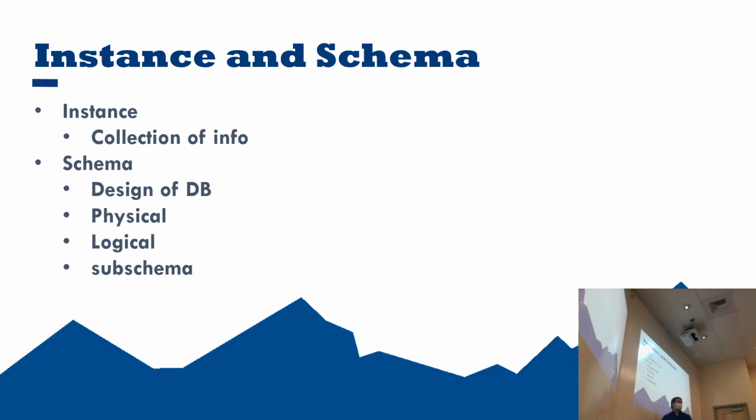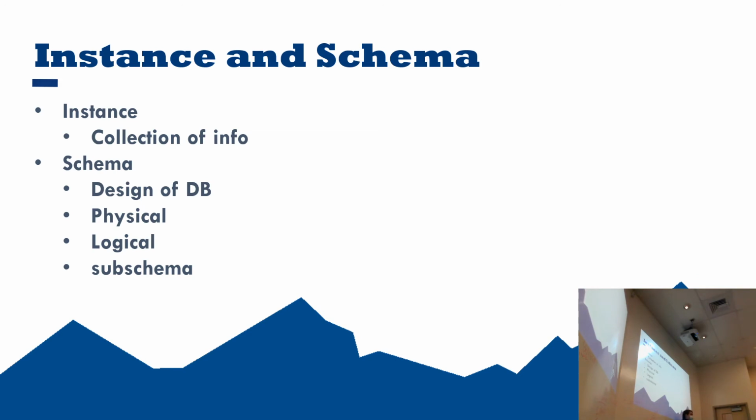Now that contrasts with a schema. If you were using, say, MySQL, which I don't think we will in this class, and you were to create a new database, it calls it a schema. The reason it does is because a schema is the overall design of the database. So you have the database, it's basically a schema. It's comprised of both physical and logical aspects.